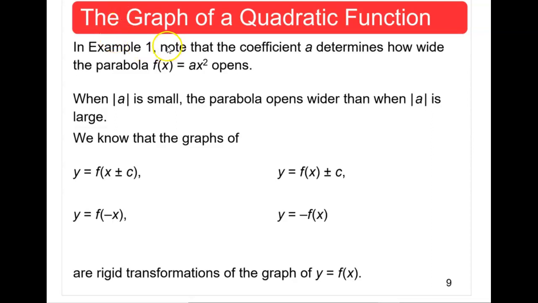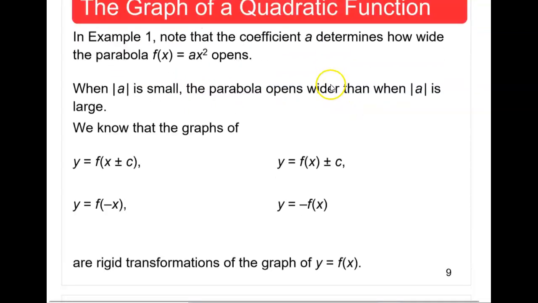In example 1, we went over how the coefficient a determines how wide the parabola f of x equals ax squared opens. So when a is small, and we're going to use the absolute value because a could be positive or negative, the parabola opens wider than when a is large.